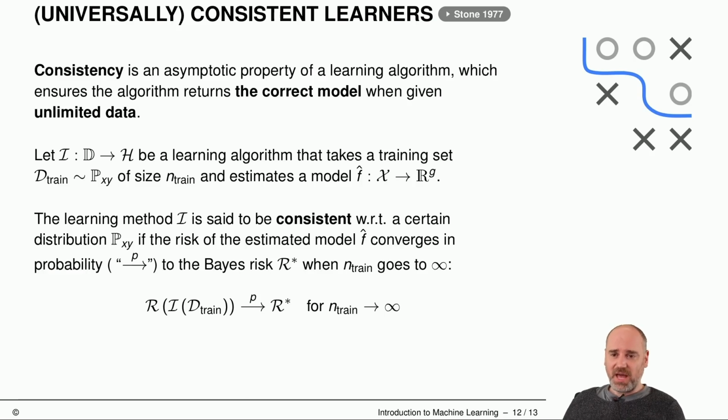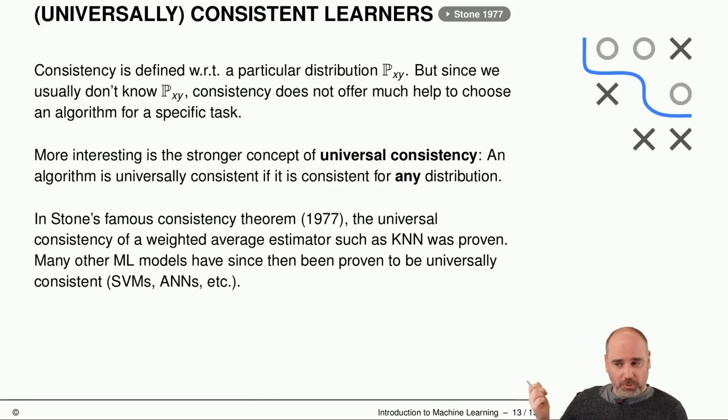If that happens, we call our learning algorithm consistent with respect to a fixed specified distribution capital P. But we usually don't know P. So if we don't know P, consistency doesn't really help us a lot to choose a certain learner for a specific task.